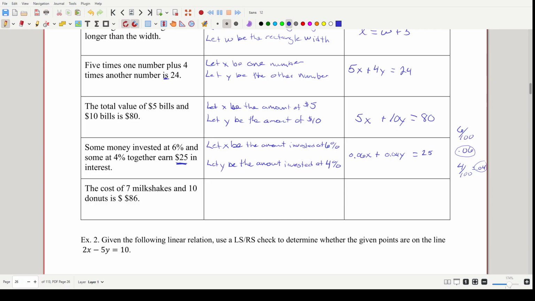We know the total, we know the quantity of each element, but we don't know the cost of each thing. In our previous statements, we knew the cost or the value of each thing, but we didn't know the amount. Here it's the opposite. We know the amount, but we don't know the cost. So our unknowns are the cost this time. So let x be the cost of a milkshake.